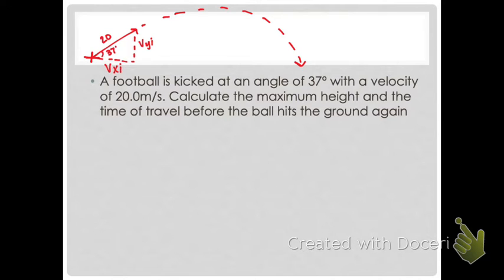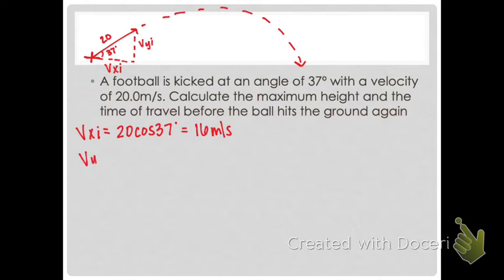Now let's go ahead and solve for those, because we know we're never going to be able to use 20 in our problem. We have to have the individual components. So for Vxi, I'm going to use cosine: 20 times cosine of 37 degrees. That gives me, rounded, 16.